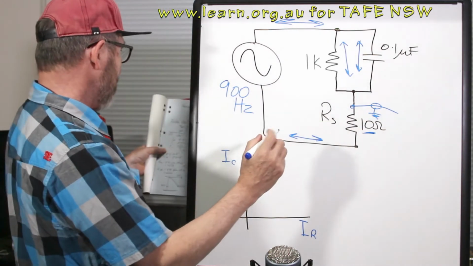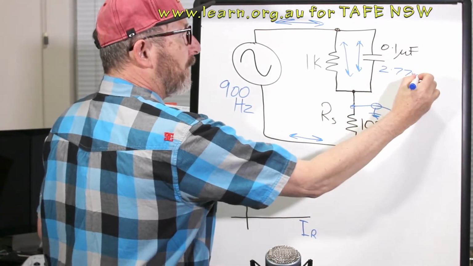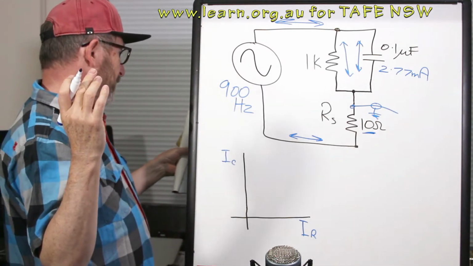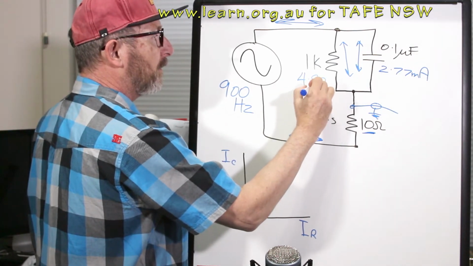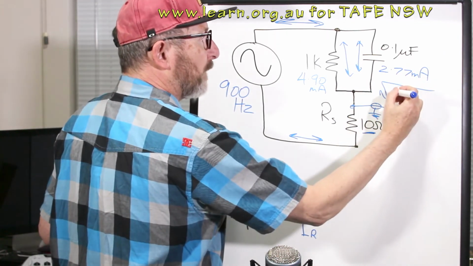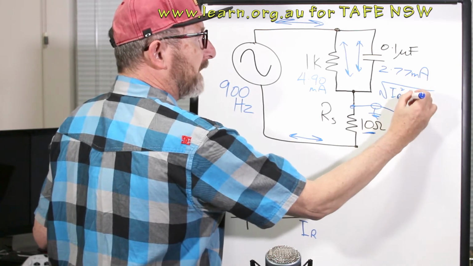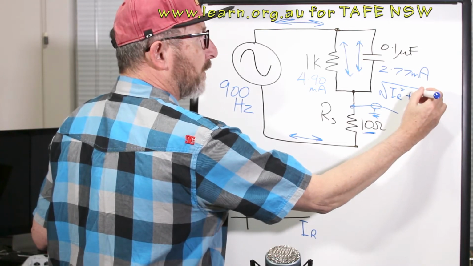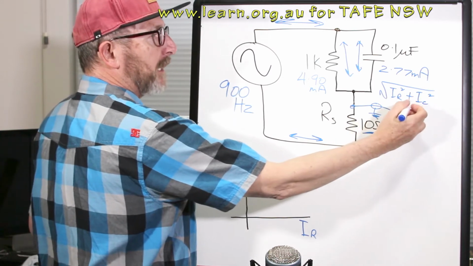We had IC, which we'd previously measured at 2.77 milliamps, and we measured IR before at 4.9 milliamps. And the vectorial sum of those is the square root of IR squared plus IC squared.